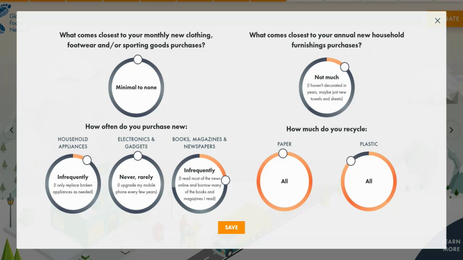And this isn't strictly true. What I tend to do is buy all of these goods secondhand. So this not only extends the life of those items, but it also means that I'm not increasing the demand to produce more. And I'm also not using new resources, which is kind of the whole point of our ecological footprint.